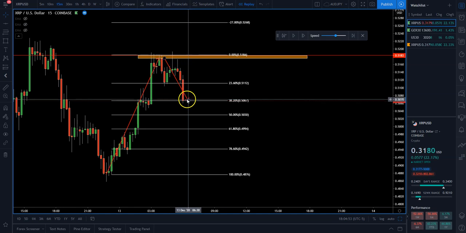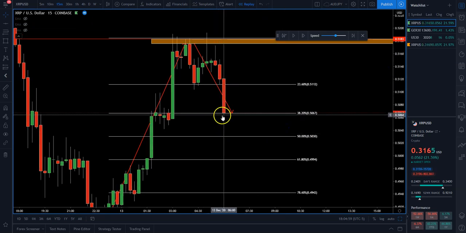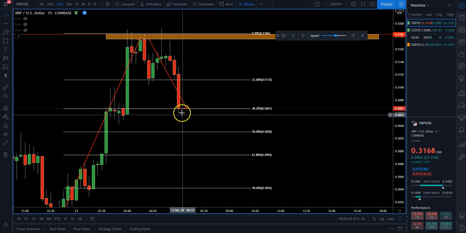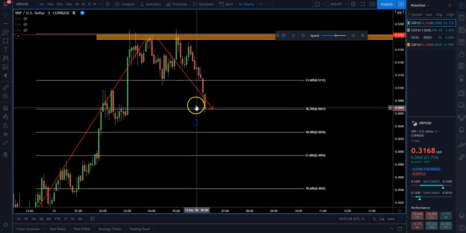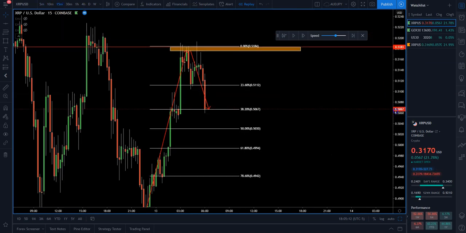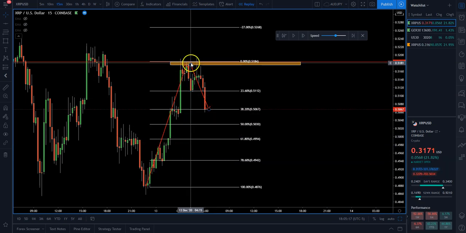So now what I need is a candlestick pattern to show rejection. We already see some kind of rejection here because the wick shows basically that something pushed it up. And if you go down to the lower time frame, you see there's a wick here and a wick here too. So what we're seeing is it went up.